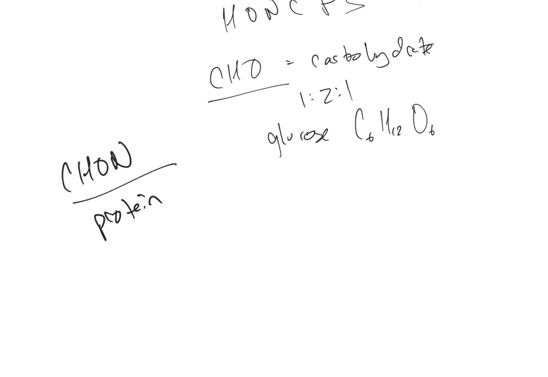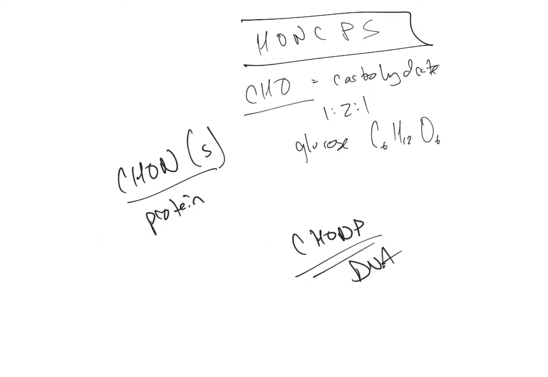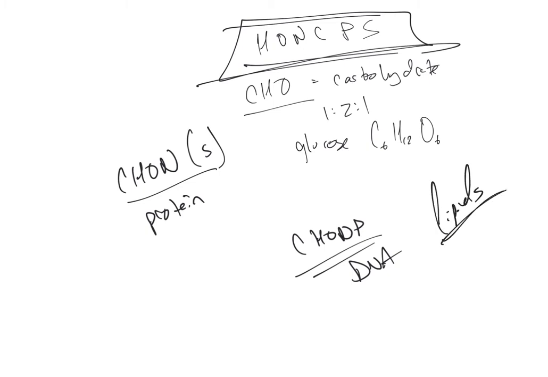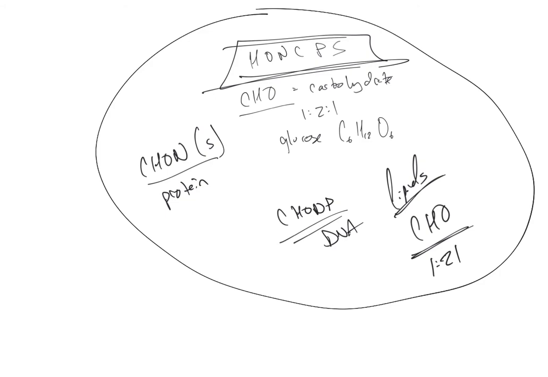If you have CHONP, you are DNA. And some proteins have the S. So, CHONPS. Remember this. Lipids: most lipids also follow the CHO, but lipids do not follow the 1-1-1. So this is rule number 1.